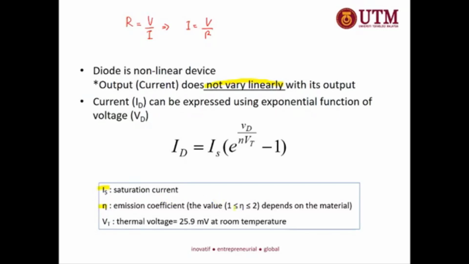The value is around 1 to 2, depending on the material, but usually we put N as 1. And then Vt is the thermal voltage, which depends on the temperature. At room temperature, Vt is equal to 25.9 millivolts or 0.259 volt.